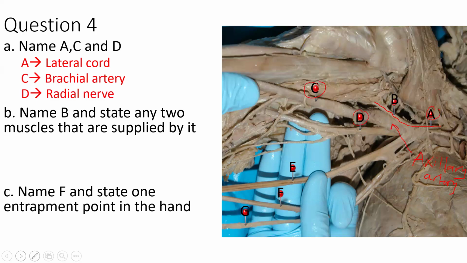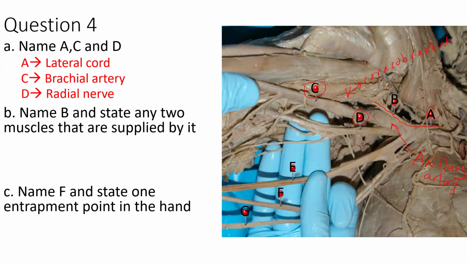We've been asked to name B and state any two muscles that are supplied by it. B is the terminal branch of the lateral cord of the brachial plexus, and you can see it is piercing this muscle, which I'll name as K, the coracobrachialis muscle.